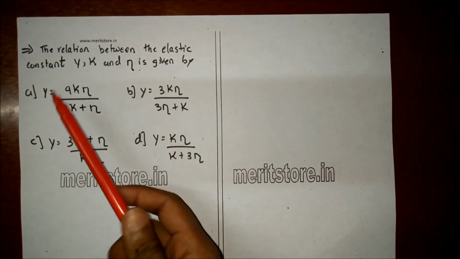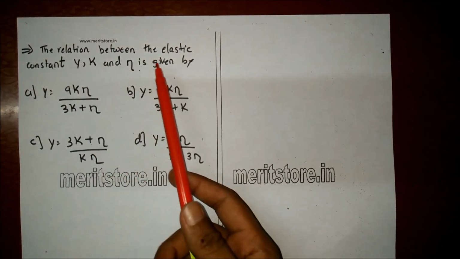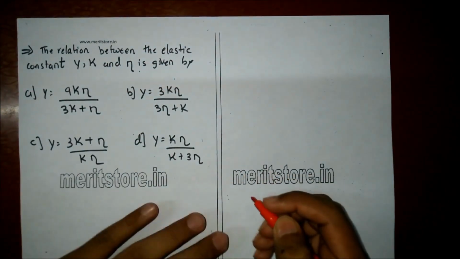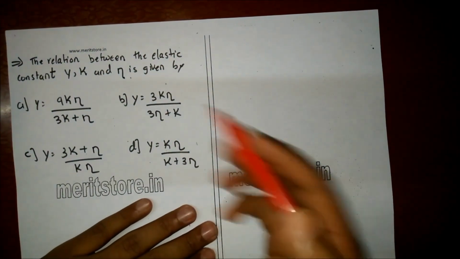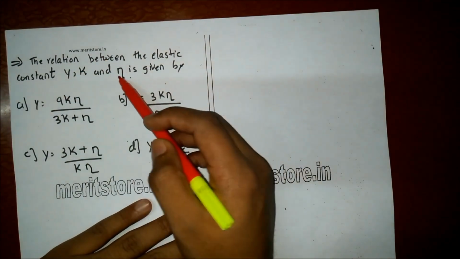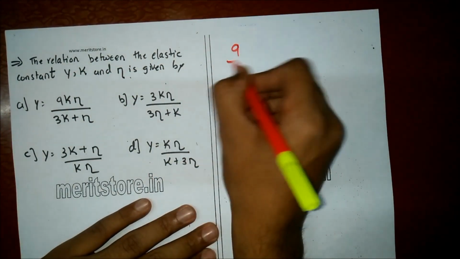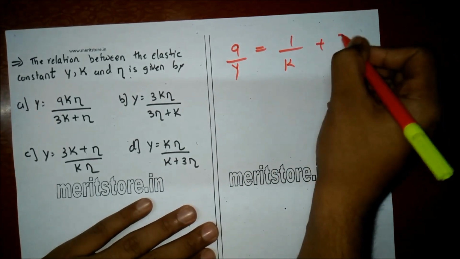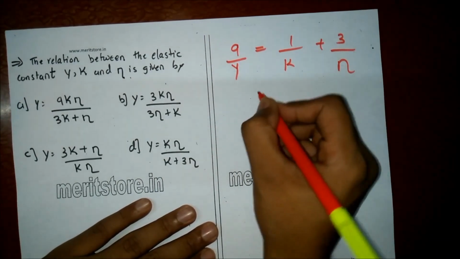The relation between the elastic constants Y, K, and the modulus of rigidity is given by, here are the options. Now, the relation between the Young's modulus, the bulk modulus and the modulus of rigidity is given by 9 upon Y is equal to 1 upon K plus 3 upon eta.